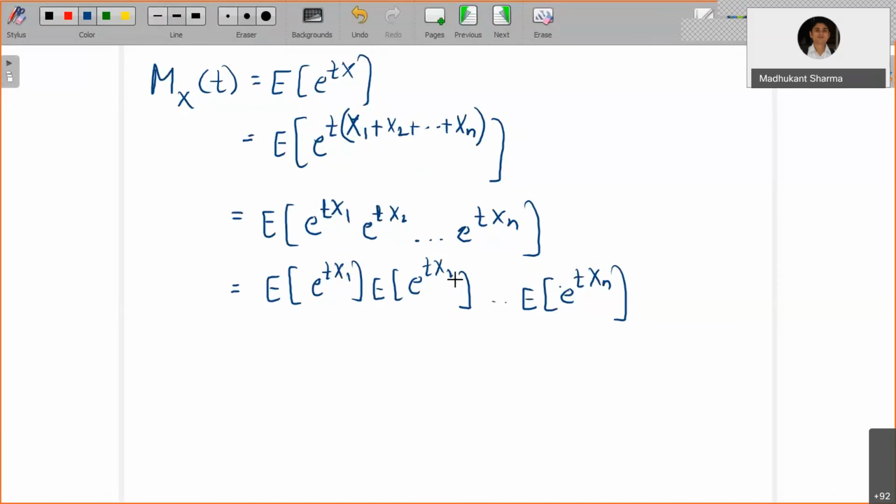Now each one is normal, so we know each moment generating function. If you recall from the previous result, e to the power mu t plus sigma square t square by 2.